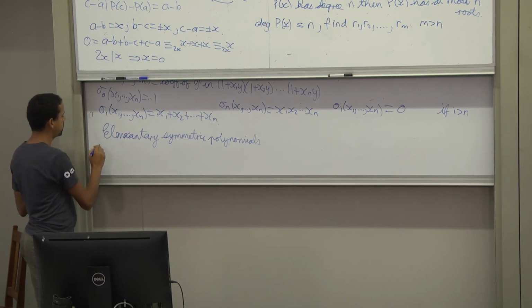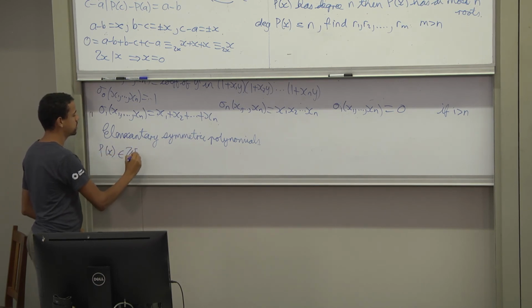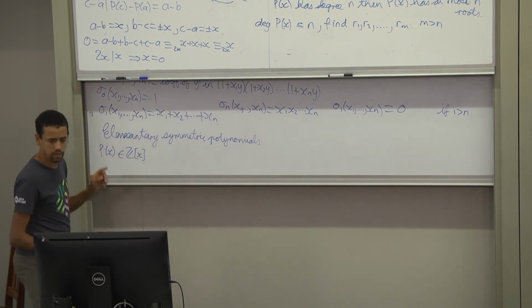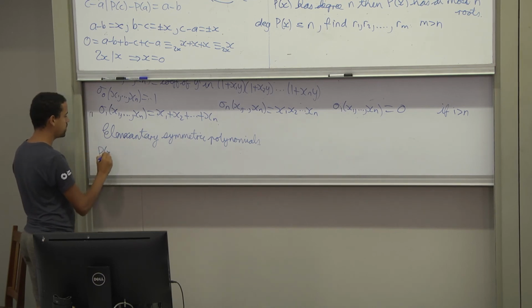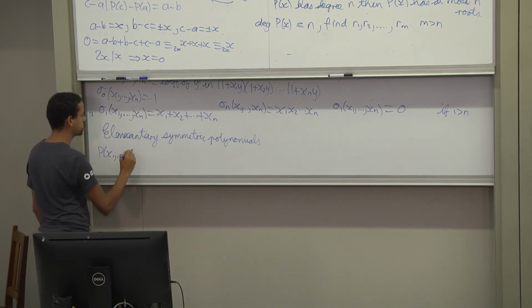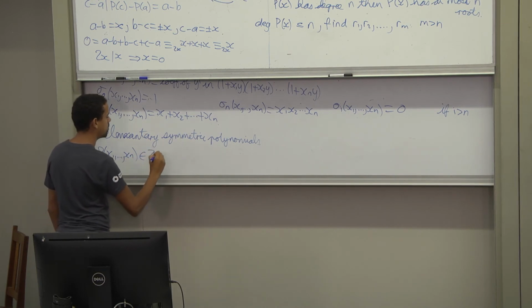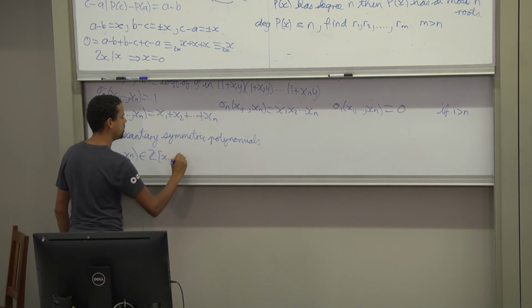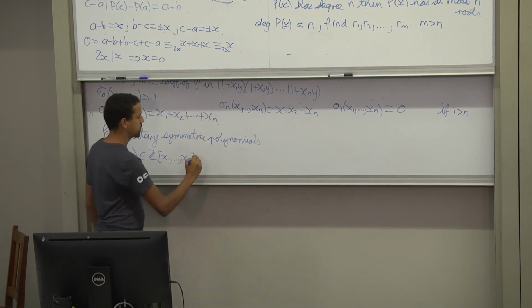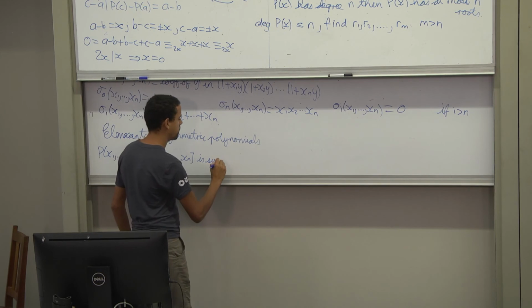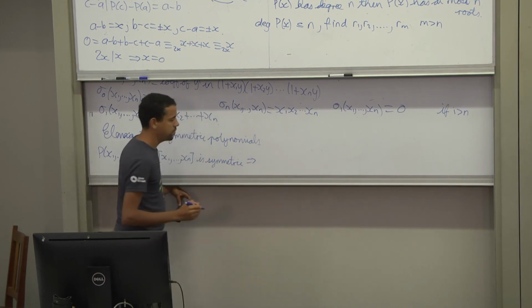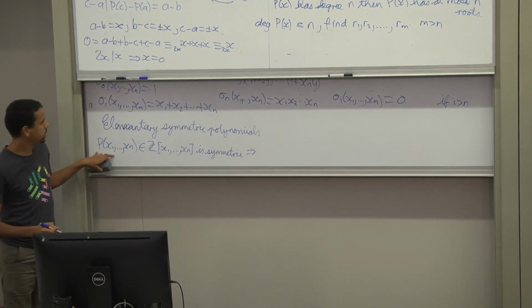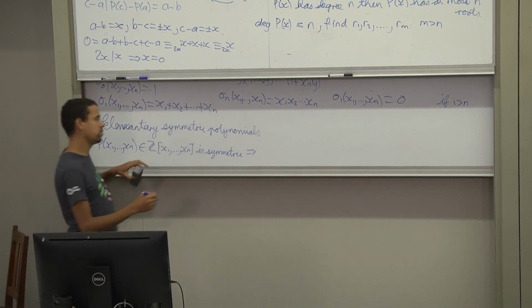So let's say I want a polynomial p of n variables x1 to xn with integer coefficients, and p is symmetric, then I can actually write p in terms of these elementary symmetric polynomials.